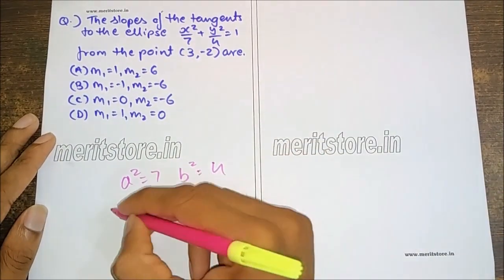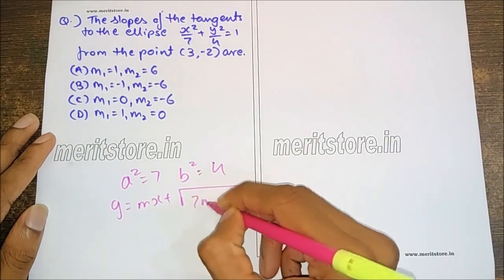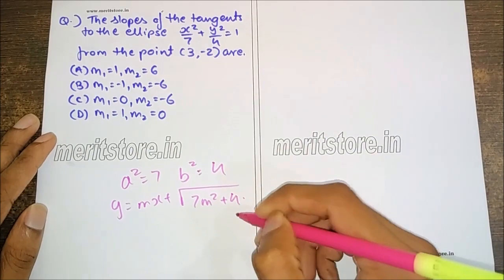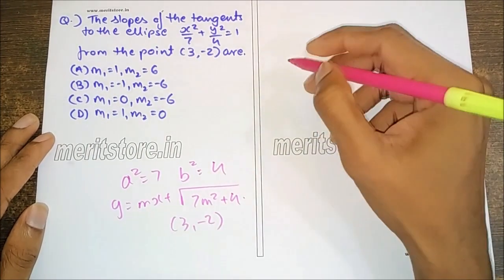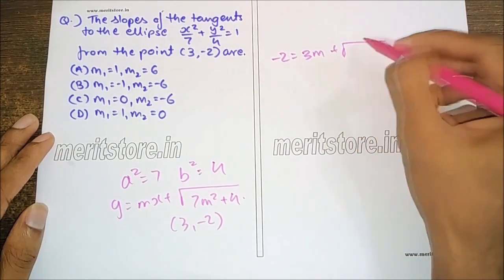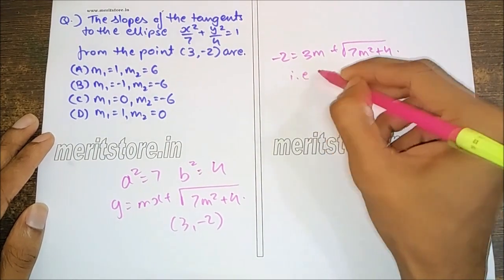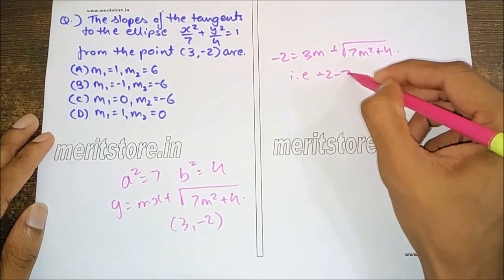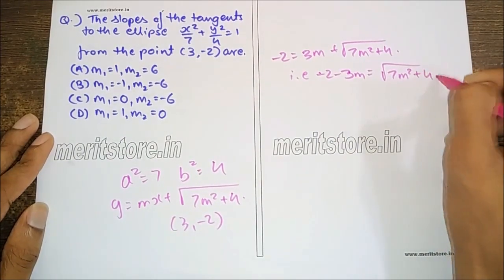The tangent y is equal to mx plus under root 7m square plus 4 passing through (3, minus 2). Therefore minus 2 comma 3m plus under root 7m square plus 4. That is, we get minus 2 minus 3m is equal to under root 7m square plus 4.